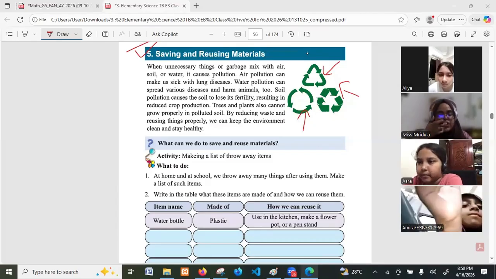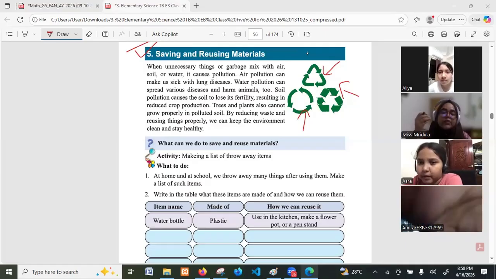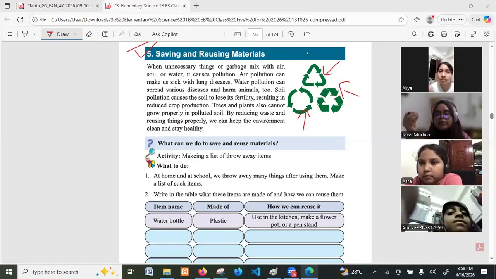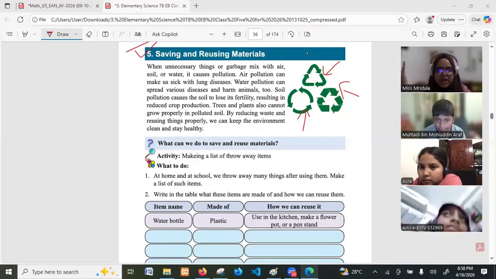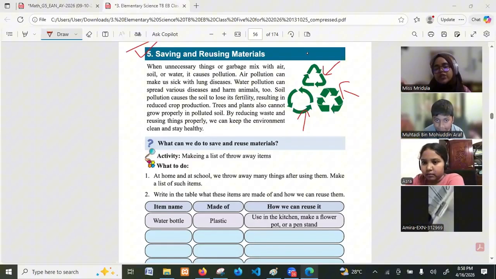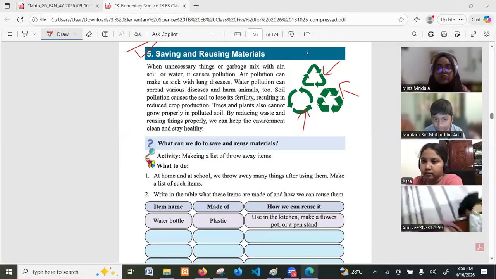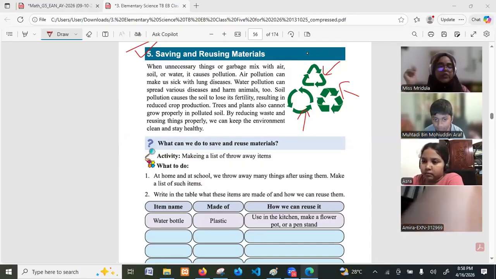Okay? So as we are saying, if something is getting polluted, it is causing some problems, right? That's what they have said: if the air is polluted, we will be suffocating and that will be bad for our health. If the soil is polluted, then good quality crops will not be grown.